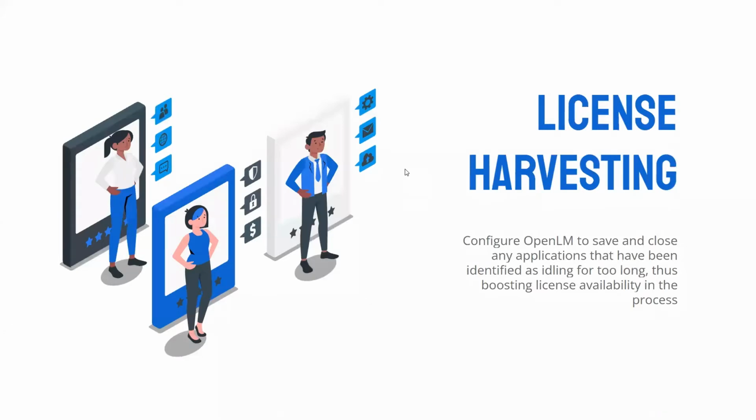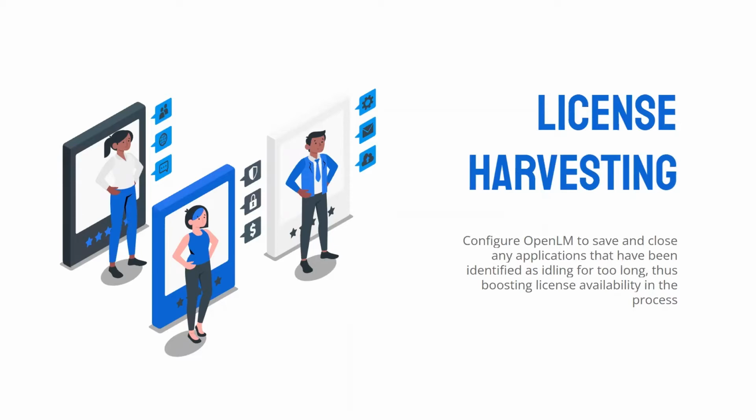He's on the browser, he's on a meeting, he went home, doesn't matter. So you can get that license, which is not doing anything at the moment, and harvest it back into the license pool. That means it will now be available for other people to use. So you boost the availability of that license.